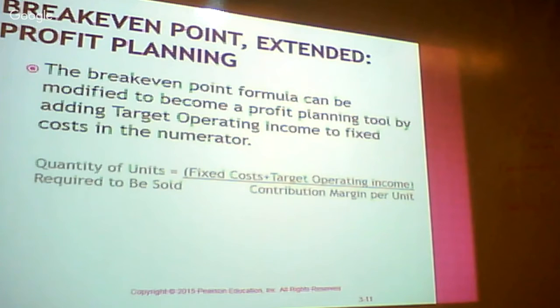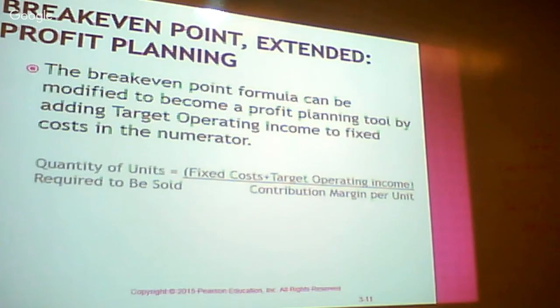So in our example here, if I want $1,000 of target operating income, I would take the 1,000 of fixed costs plus the 1,000 of operating income and divide it by my contribution margin of 4, right? And so now I have 2,000 divided by 4, so I need to sell 500 units to get an operating income of $1,000.